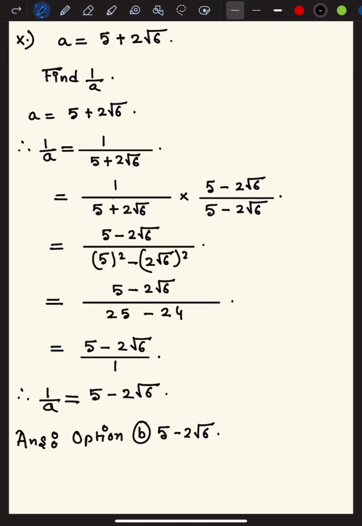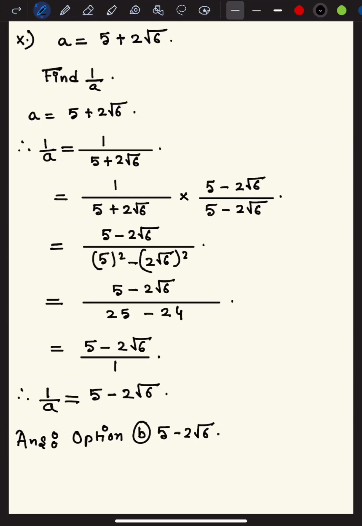So this becomes 1 by 5 plus 2 root 6 multiplied by 5 minus 2 root 6 by 5 minus 2 root 6. So this 1 multiplied by 5 minus 2 root 6 comes up to be 5 minus 2 root 6 divided by, this becomes what? 5 plus 2 root 6 into 5 minus 2 root 6 means a plus b into a minus b. So it will be a square minus b square, that is equal to 5 square minus 2 root 6 whole square, right?